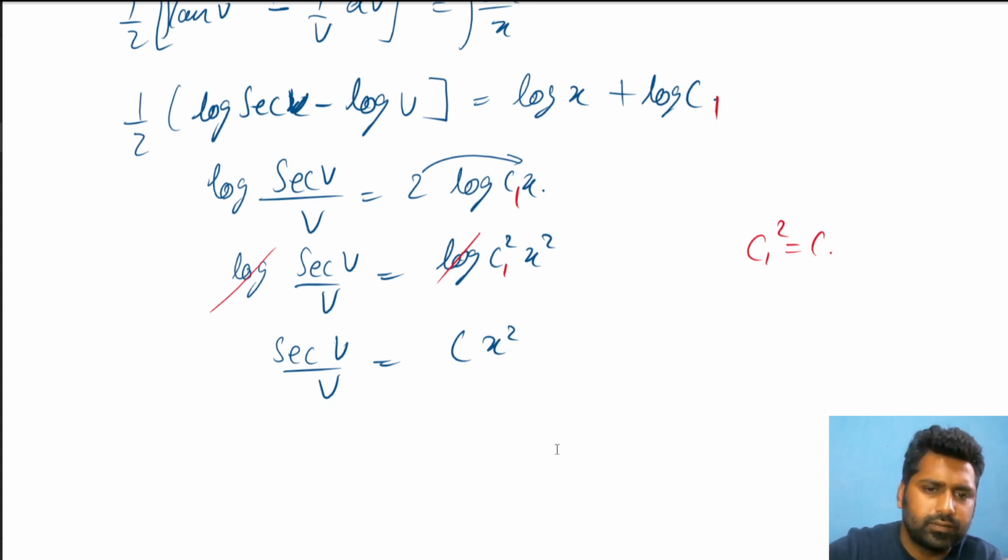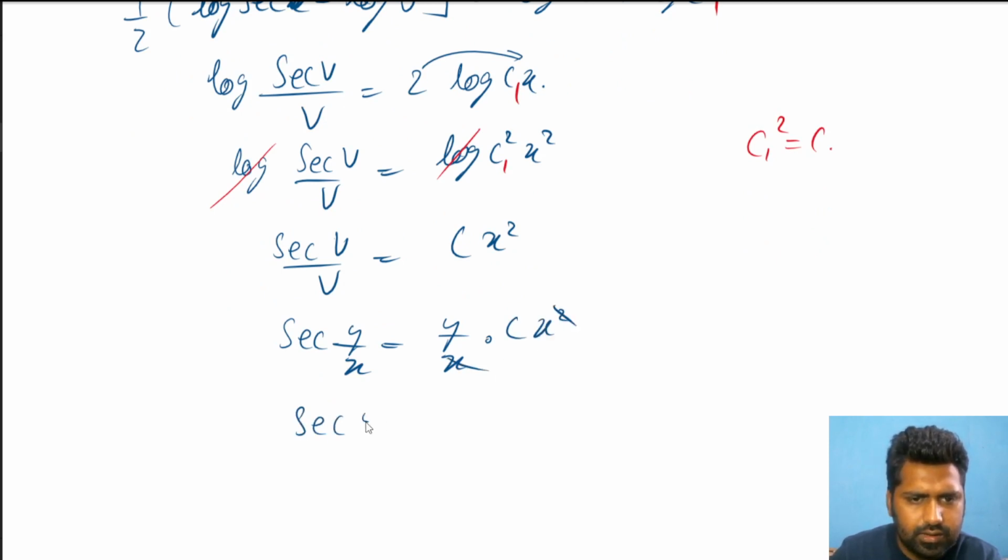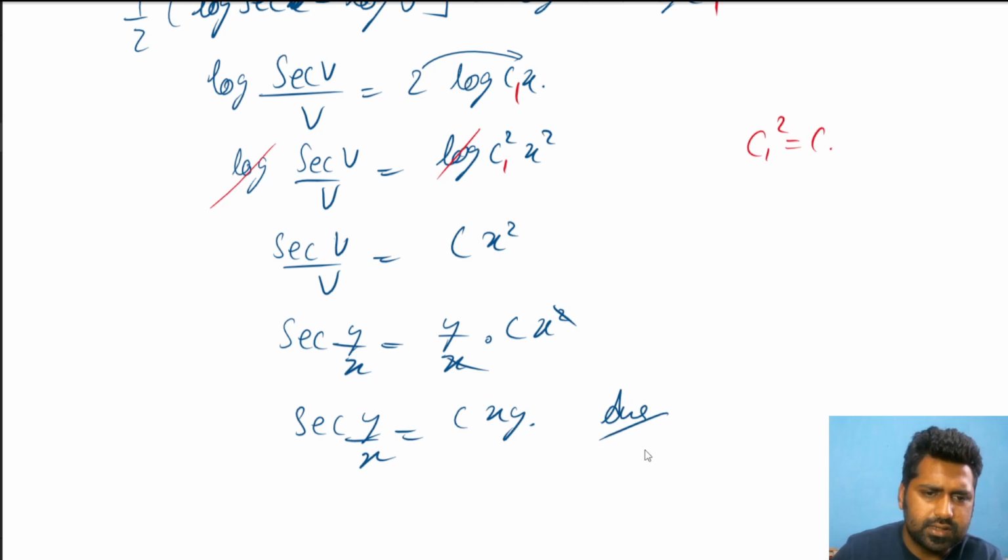So sec v, that's sec y by x, take v on the other side, so that's y by x multiplied by c x square. So x square and x cancel, so sec y by x is equal to c xy. That's the answer, that's the solution.